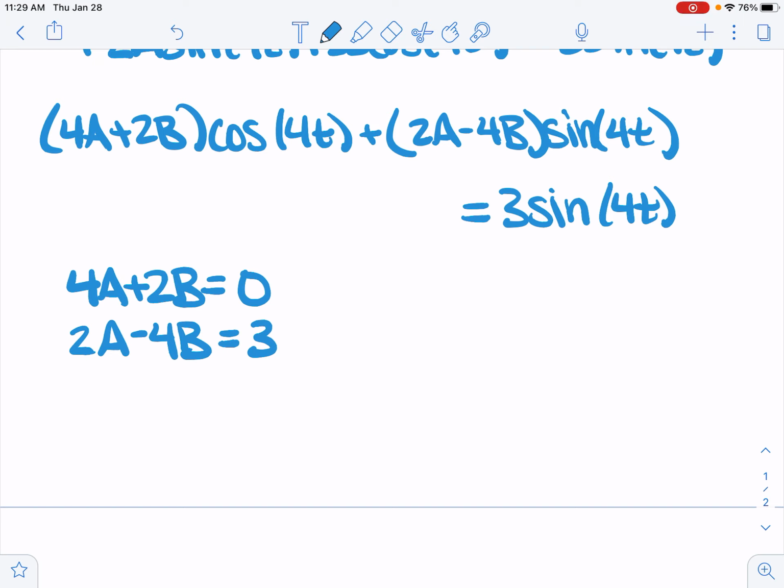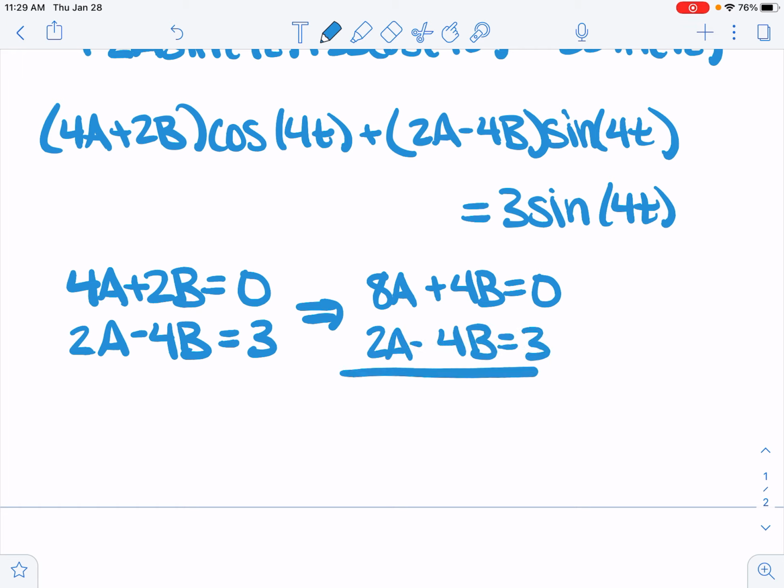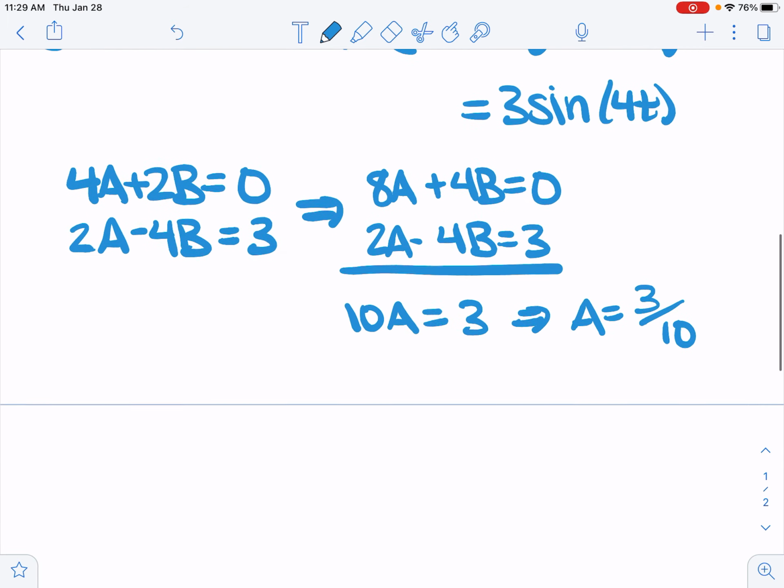It's a system of equations and unknowns, and we can solve this with substitution or elimination. I've always been partial to elimination, so I'm going to multiply the top equation by 2 and get 8A plus 4B equals 0. 2A minus 4B equals 3. I'm going to add these together and get 10A equals 3, so A equals 3/10.